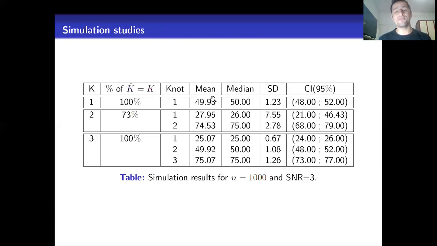And here we have the mean, the median, and the standard deviation of the estimates of the position of the knots, very close to the true value, 50. And here we have a 95% confidence interval for this parameter.